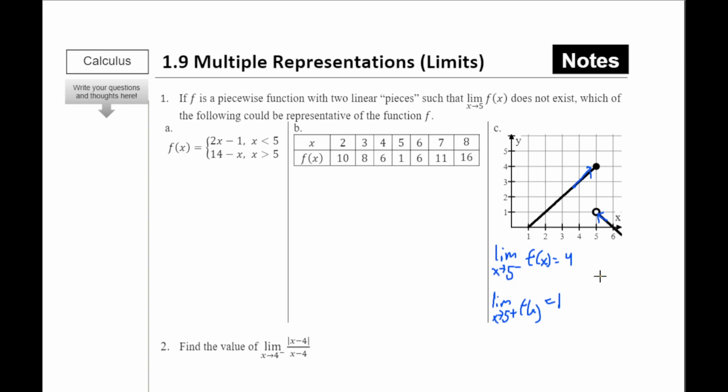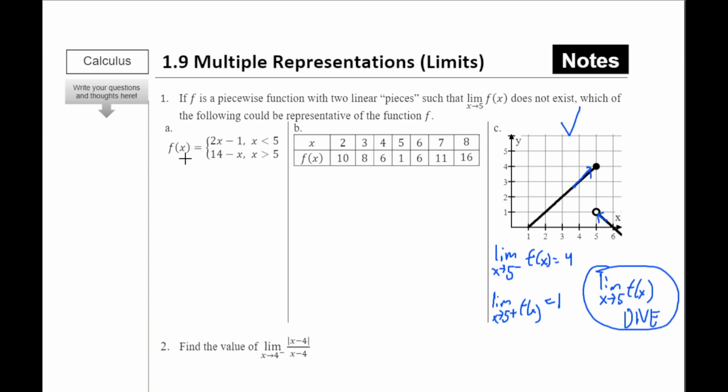So the limit as x approaches 5 of f of x does not exist because the left-hand limit is 4, the right-hand limit is 1. The left and the right are not the same, therefore the general limit does not exist. So this one does not exist. You can do a check mark there.